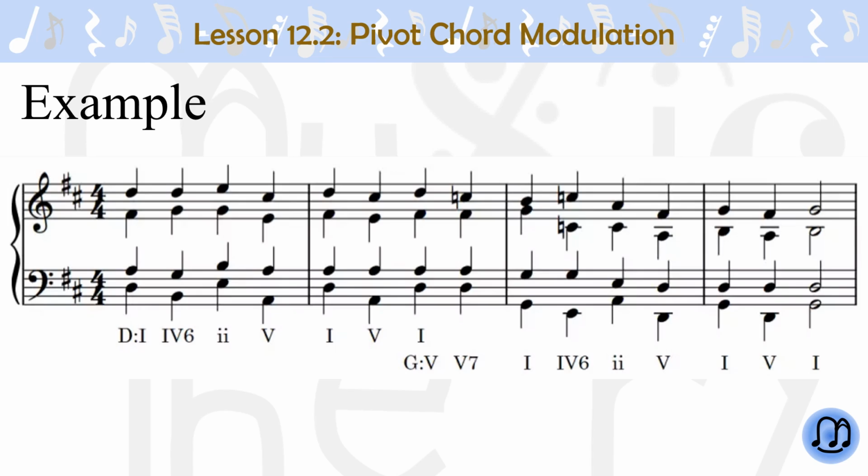The tonic of G major is G and the key is major, so the name of the key is represented as capital G. That chord also belongs to D major, so the Roman numeral analysis for the new key, G major, is written below the analysis for the original key, D major.